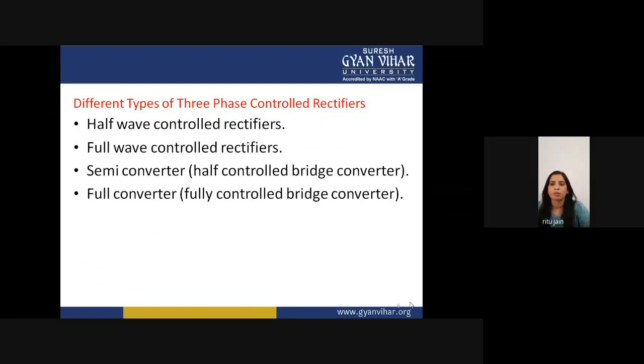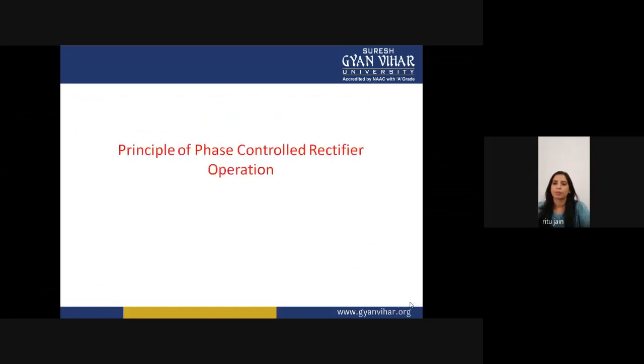Okay. So the semiconverter we can call a half controlled bridge converter, and the full converter means a fully controlled bridge converter. So, what is the basic principle of phase controlled rectifier operation? If you are using the term controlled with rectifier, it means you are not using a diode.